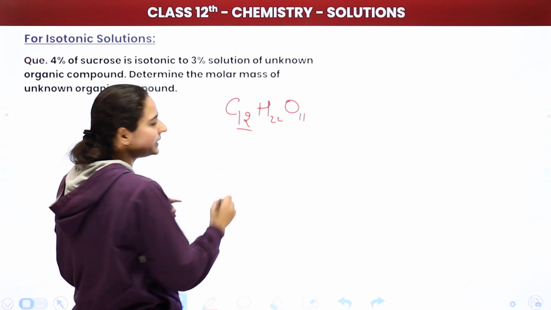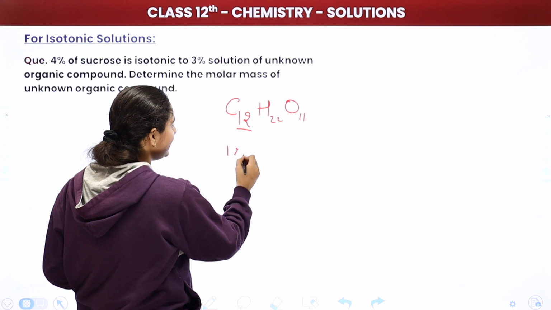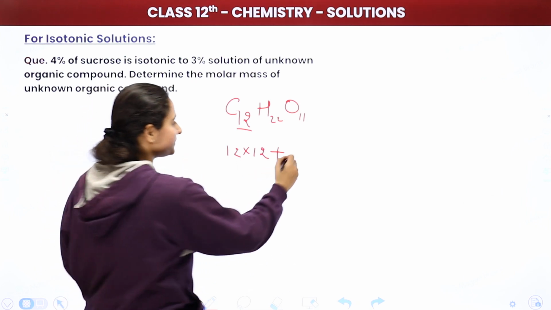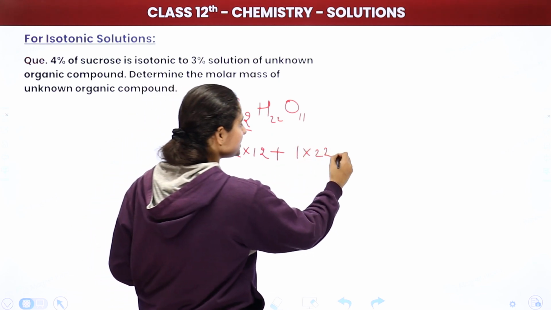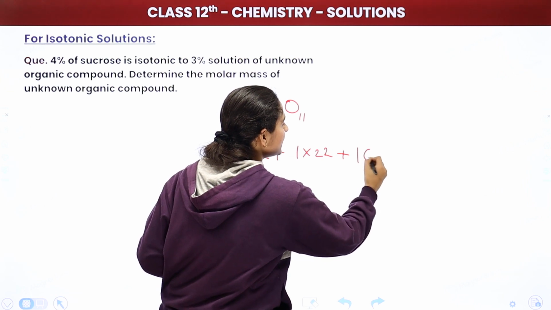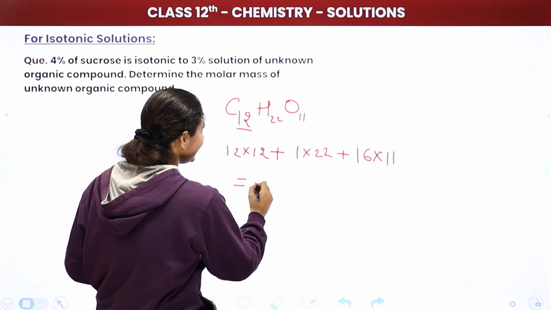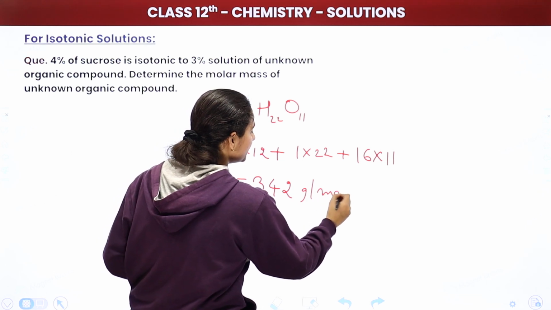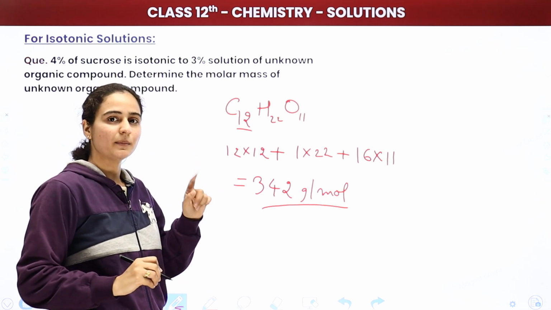We have 12 carbon, and for 1 carbon the molecular mass is 12 grams per mole, so it will be 12 into 12, plus for hydrogen it is 1, so 1 into 22. For 1 oxygen it is 16, so for 11 it will be 16 into 11. If you solve all of this, you will get 342 grams per mole. So this is the molar mass of 1 mole of sucrose.